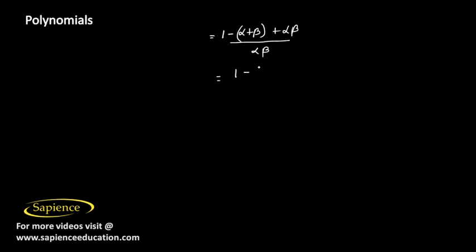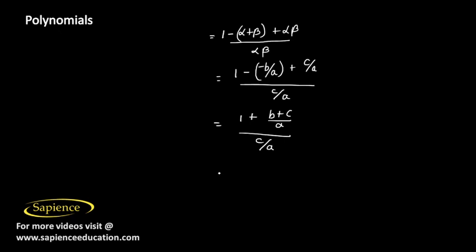We will get (1 − (−b/a) + c/a) divided by c/a, which is equal to (1 + b/a + c/a)/(c/a), cross multiplying this a with 1, so (a + b + c)/a divided by c/a. Again both the a's are in the denominator, so this can be written as (a + b + c)/c. So now we have the product of the zeros.